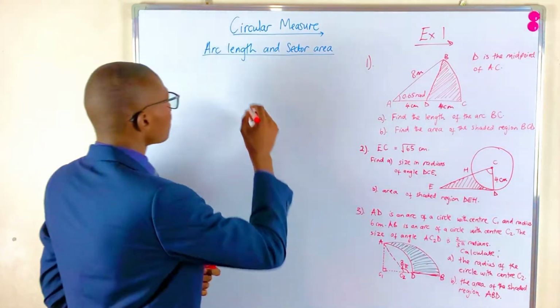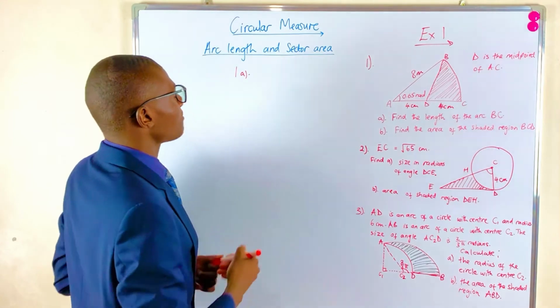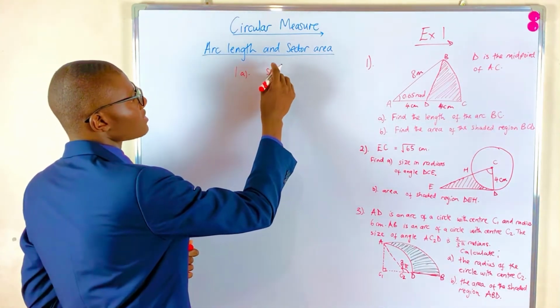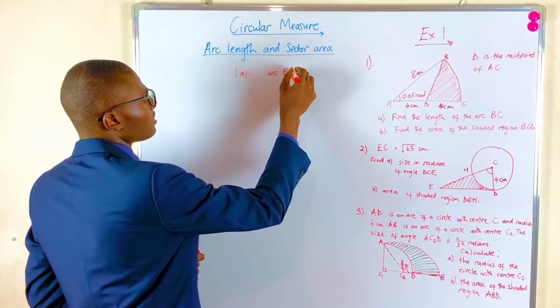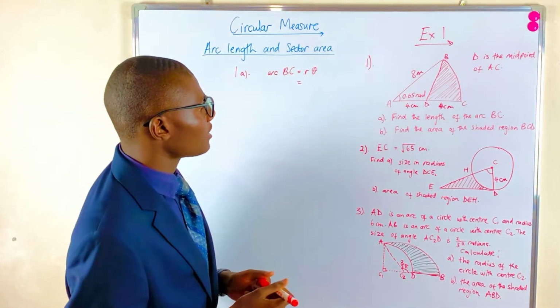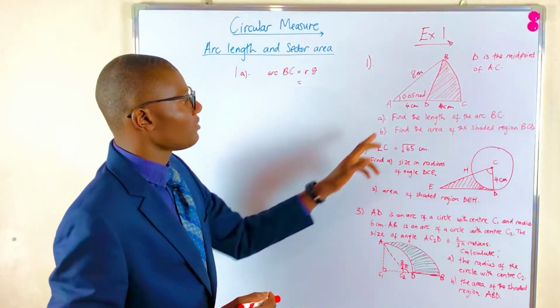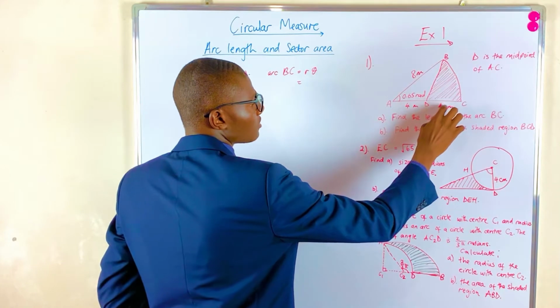So, number 1A, finding the length of the arc BC, we're simply saying arc BC is equal to r theta, and r being 8 meters, so this is meters, not centimeters.